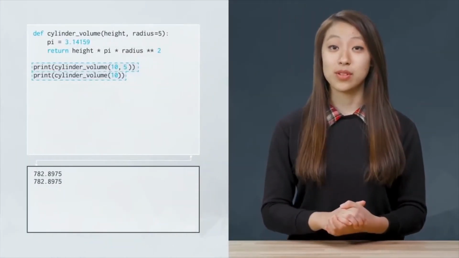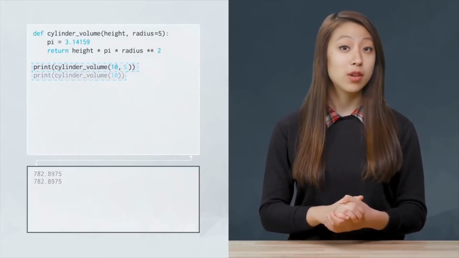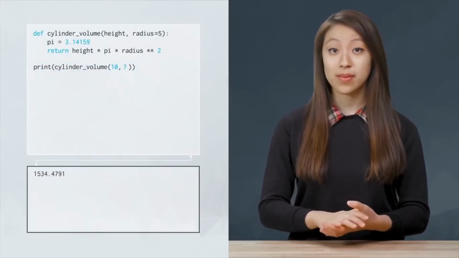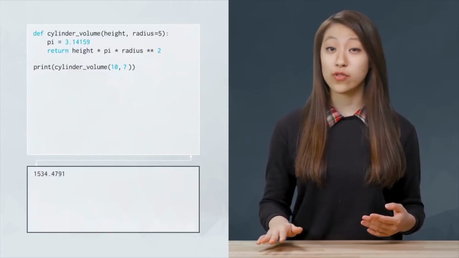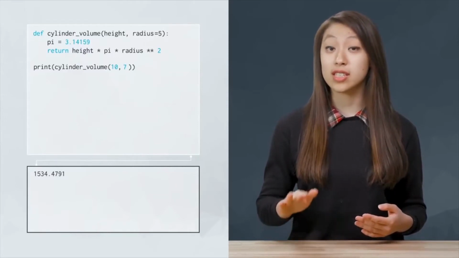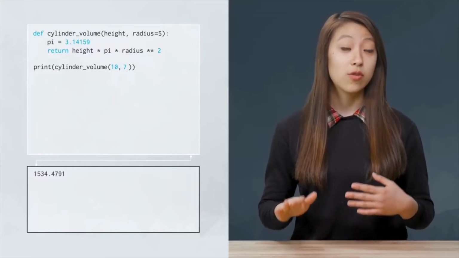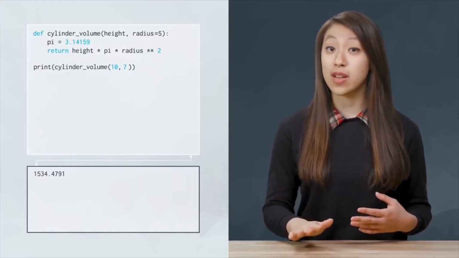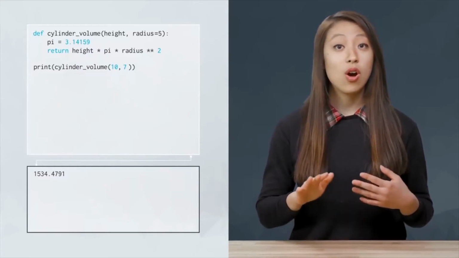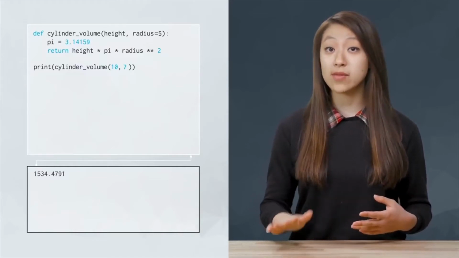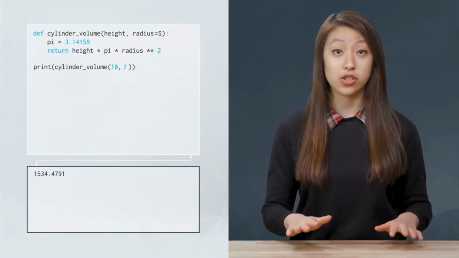In this example, the default radius is 5, but we can still change this. This time, when we call the function, we are overriding the default value of 5 and calculating the cylinder volume for a cylinder with a radius of 7 instead. Also notice here, we are passing values to our arguments by position.